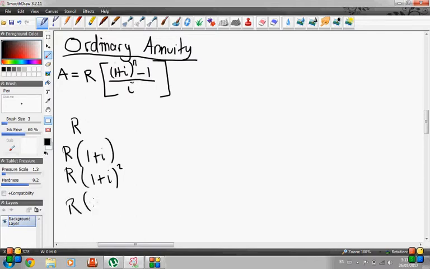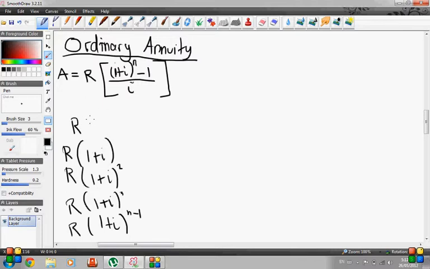For the third year, you get R(1 + I) squared. And you can keep going like this until you reach R(1 + I) to the power of n minus 1. So why is it n minus 1, you may ask?